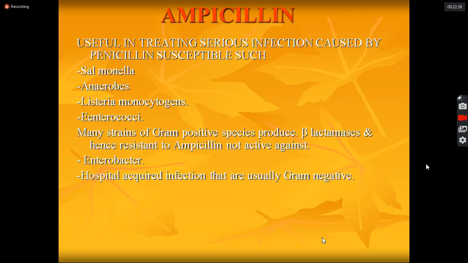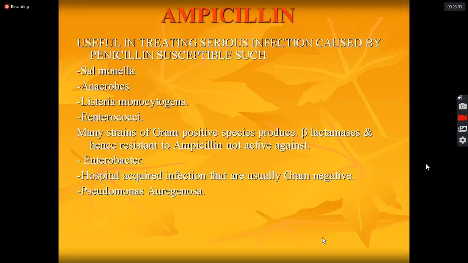Many strains, as I told you, of gram-positive species, they produce beta-lactamases, and hence they would be resistant to ampicillin, Enterobacter, and hospital-acquired strains. In hospital, the patient has mixed infection, and they're usually gram-negative, and they're resistant to many of the drugs. Pseudomonas aeruginosa also poses a problem, and it is usually resistant to many drugs.